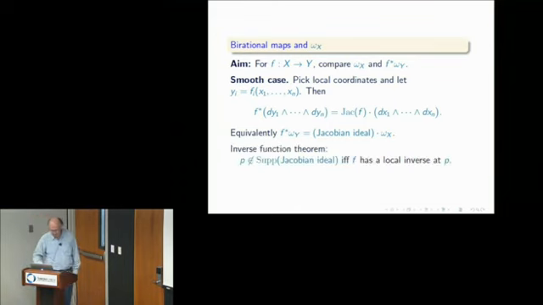Sorry, oops. Okay. And now there is the inverse function theorem that is more precise, that the point P is not contained in the support of the quotient of omega_X by f^*omega_Y, the Jacobian ideal, if and only if f has a local inverse at P. Okay.